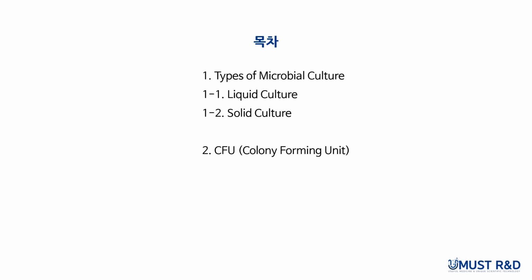Today, we will learn about the liquid culture method using liquid media and the solid culture method using solid media. Additionally, we will discuss colony counting after streaking on solid media and introduce the CFU, colony forming unit, method for estimating viable cell numbers.